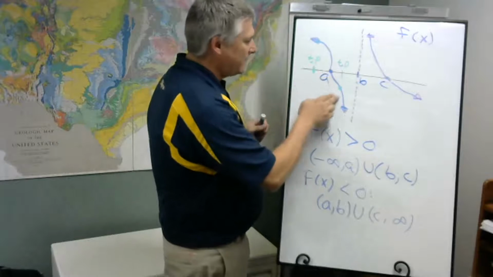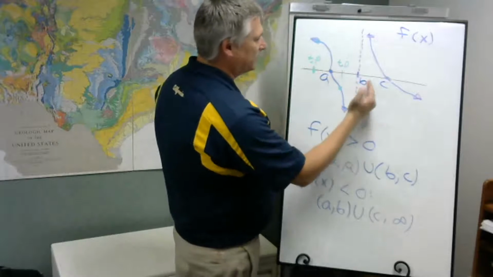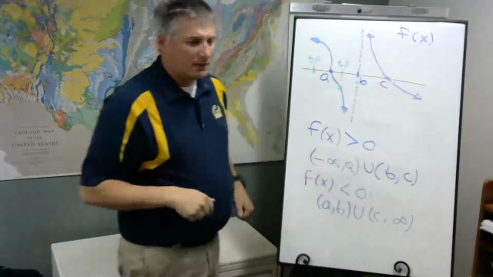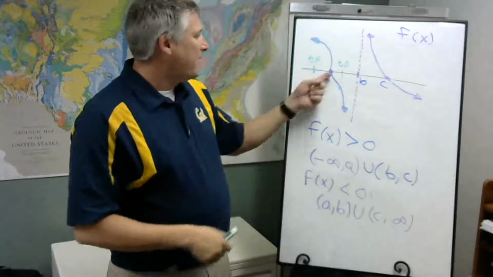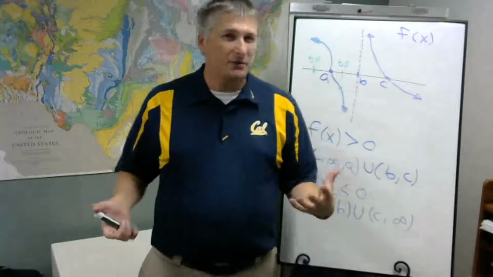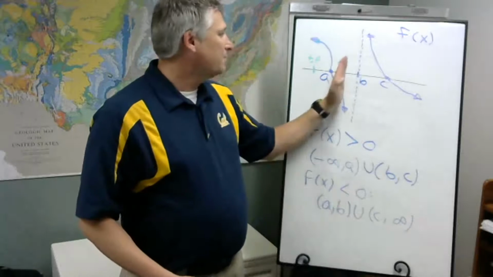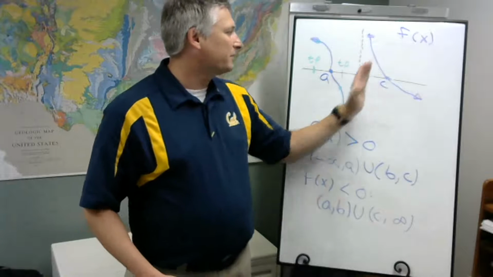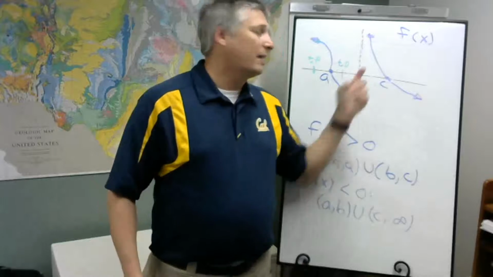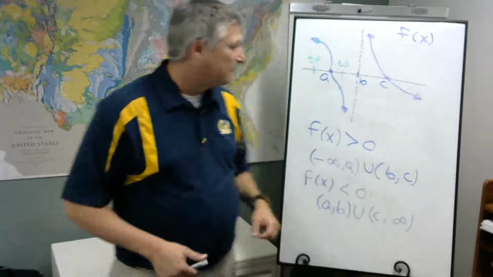Now, the other place where you can switch sign is at the vertical asymptote. You can go from negative, and then if we pop over, it's now positive. So this is the extra bit we need to keep an eye on. Passing through the intercepts can allow you to change sign, but also going from one side of a vertical asymptote to another could allow you to change sign.